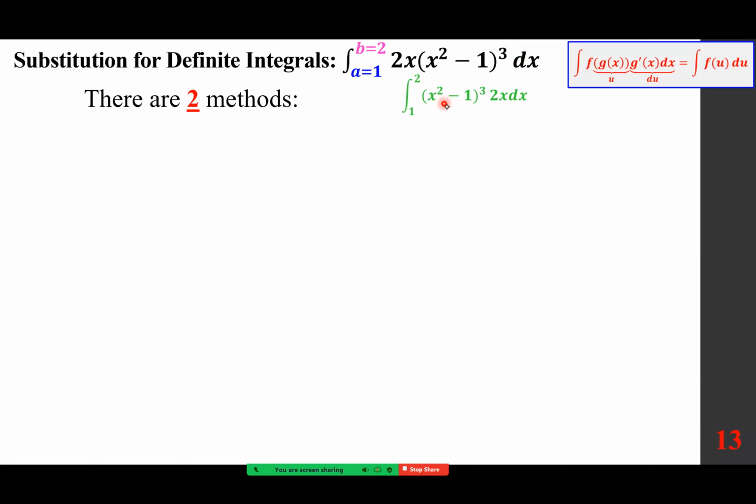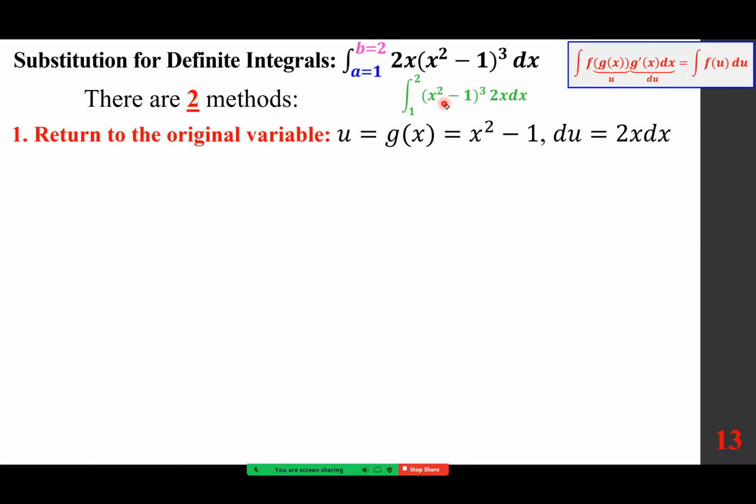So the first method is to return to the original variable. So u or g of x is x squared minus 1, du is 2x dx. So the first method, you're going to go back to the original variable. So we are going to write this as u cubed du, and we are not going to keep track of the limits.